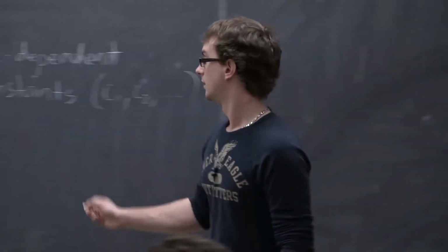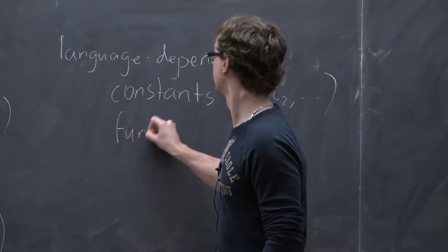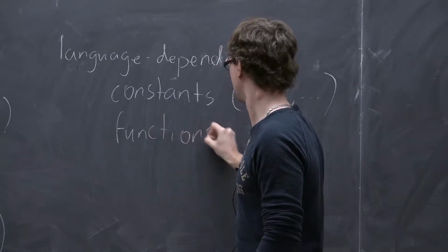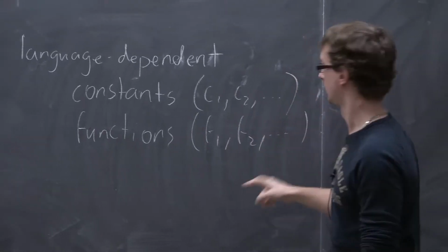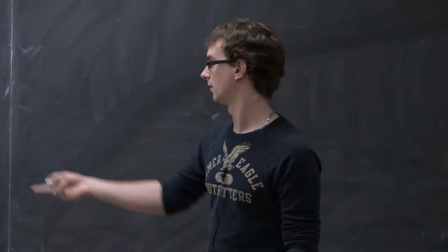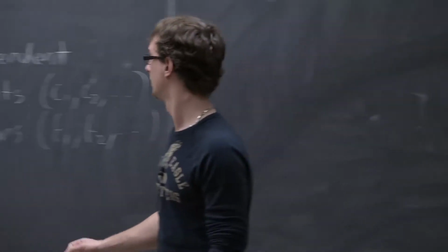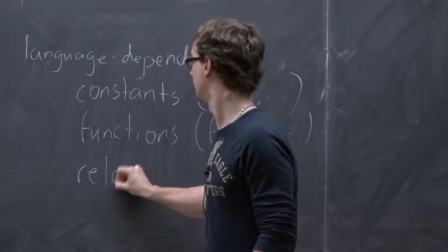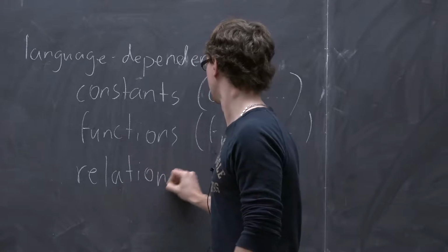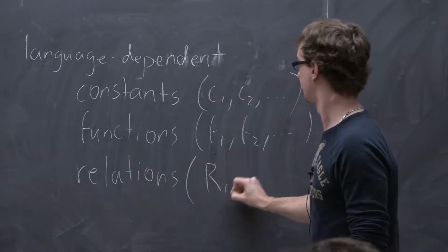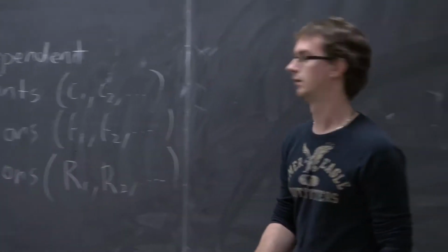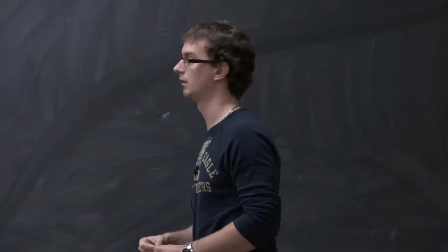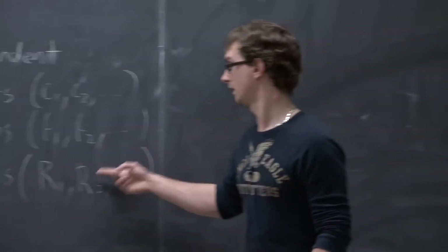So we have constants, and then we also have functions. And we typically denote these as lowercase letters like F and G, or with subscripts F1, F2. And then lastly, we have relations. And we typically denote these by uppercase letters like R, T, P, stuff like that. And both the functions and the relations can take some finite number of parameters.